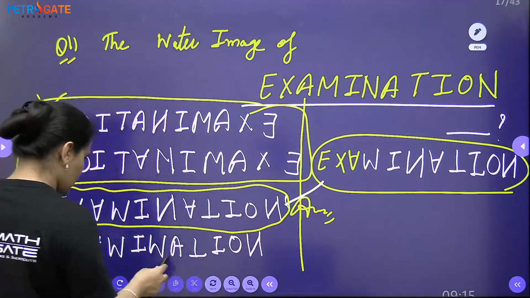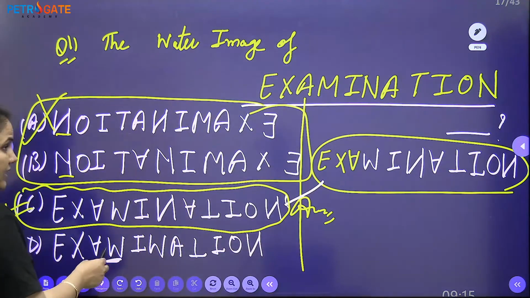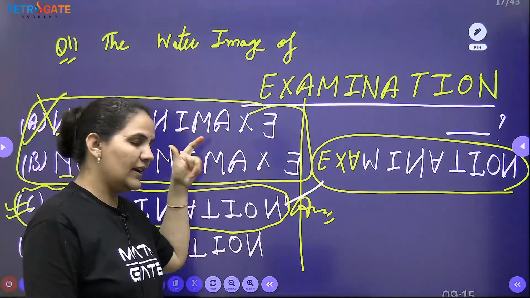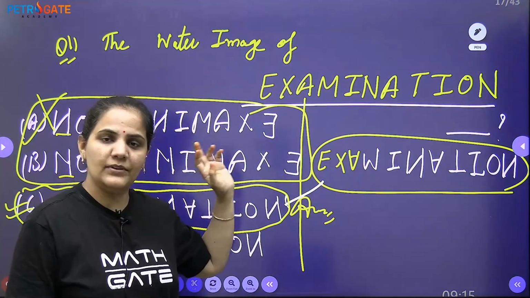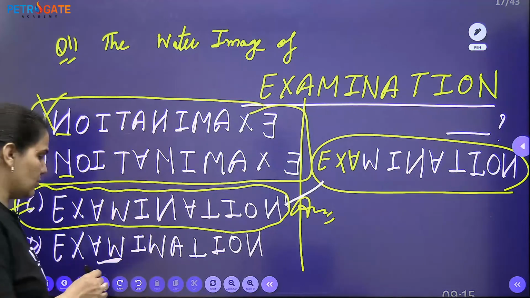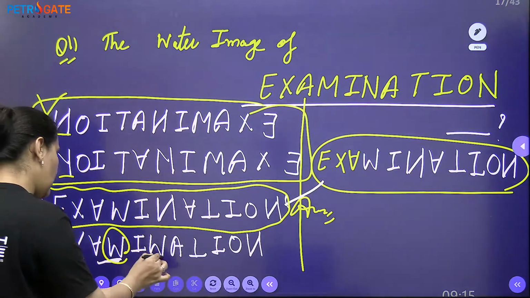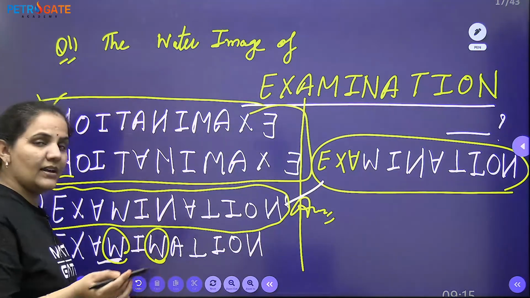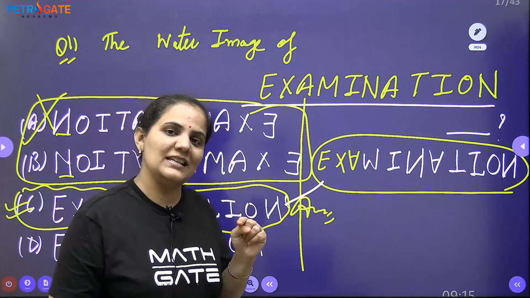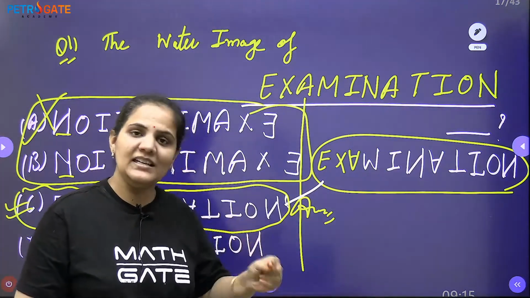Why, ma'am? Because here the spelling is a mistake. Even if you do not check this one, you have already omitted options A and B, and when you look at option D, dear students, you can see that two Ms are written, and we know very well that the spelling of examination has no such M. E X A M I N A T I O N, right?